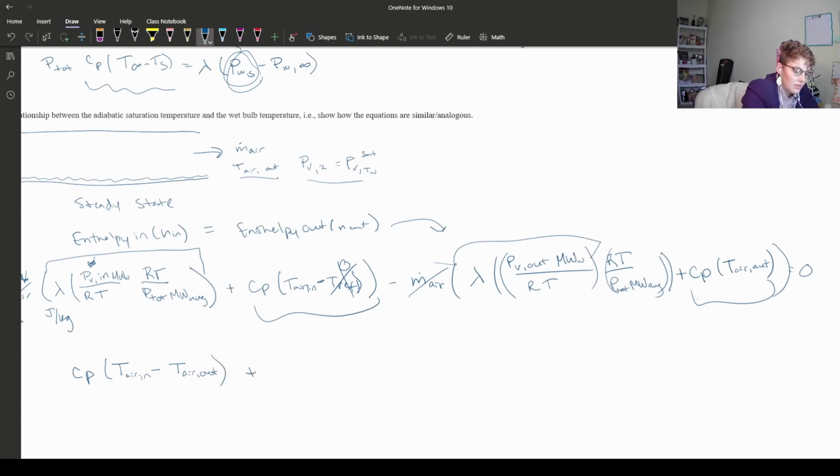And then we have this term including the heat of vaporization, where we can cancel these out, and then these are common terms between the two of them. So we can pull that out as well.